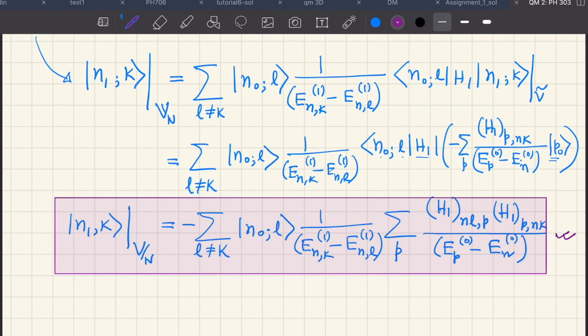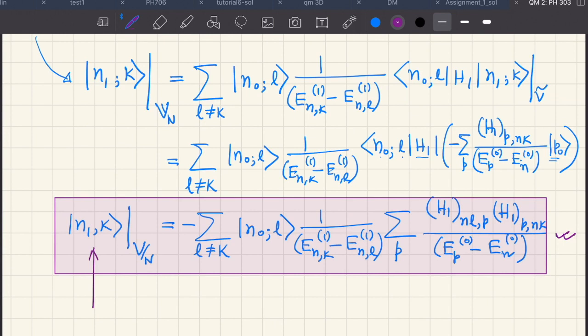The left hand side of this equation, which contains N1K, definitely is first order in perturbation theory. But now you remember we had to go to the order lambda square equation. And is that why we seem to be counting orders wrong?